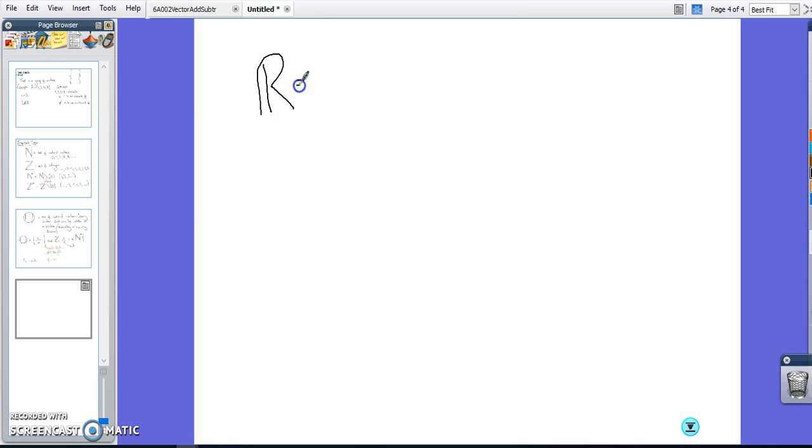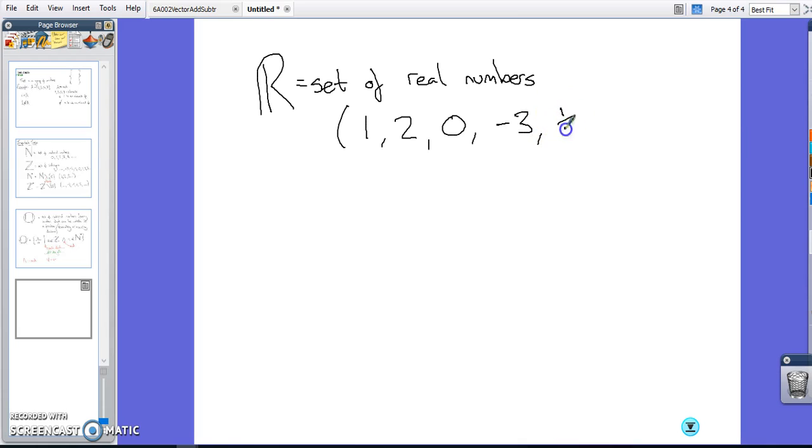Our final set of numbers is R. And this is the set of all real numbers. And this includes any number you can think of. So it includes not only our positive whole numbers like 1, 2, it also includes 0, it includes negative numbers, it includes fractions, it includes even those ones that can't be written as fractions. And in your old school you should have met some of these.